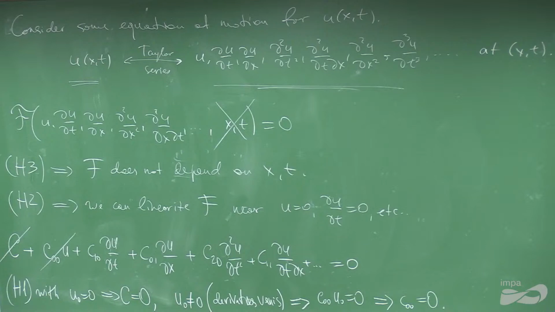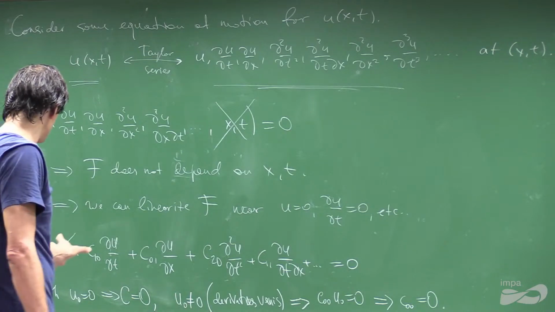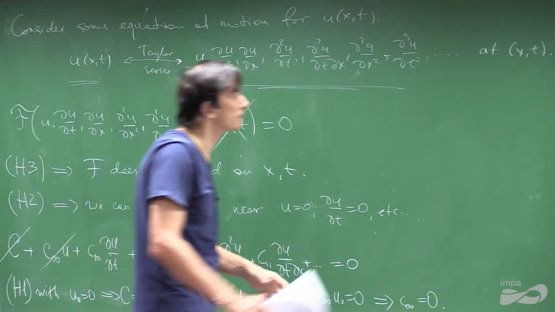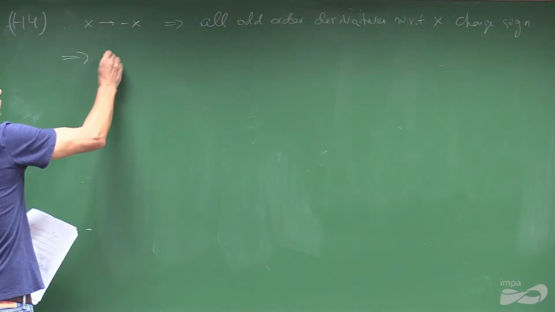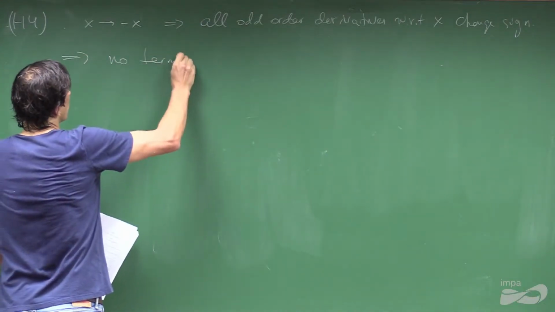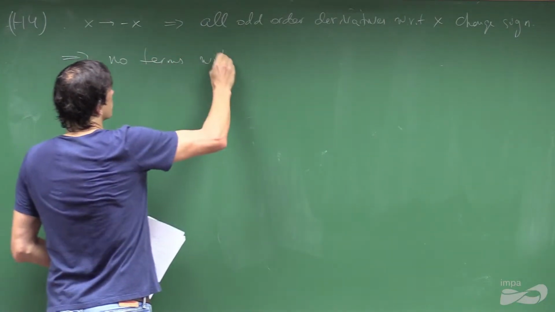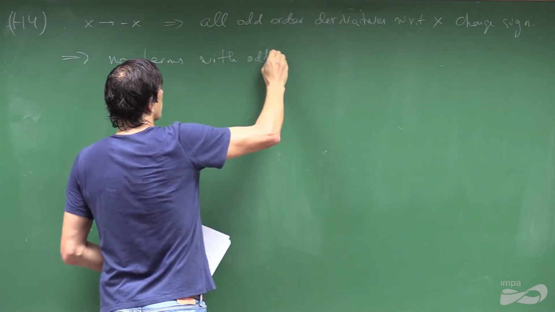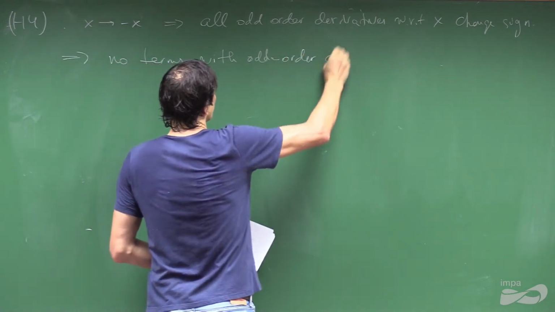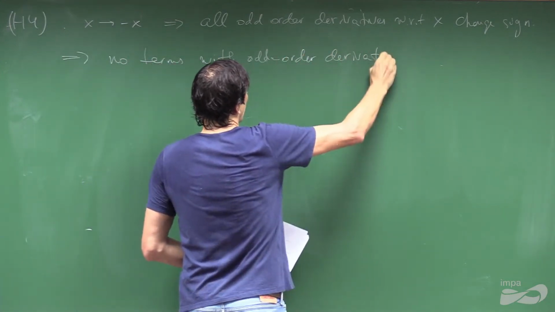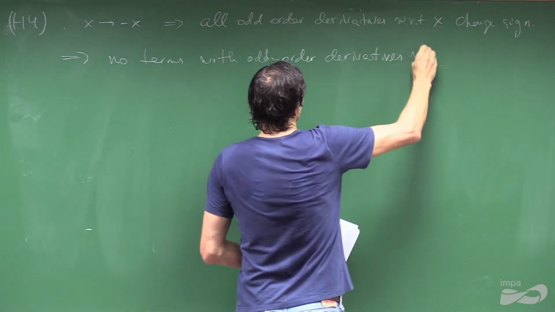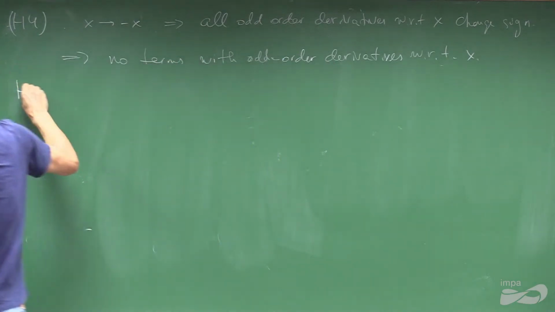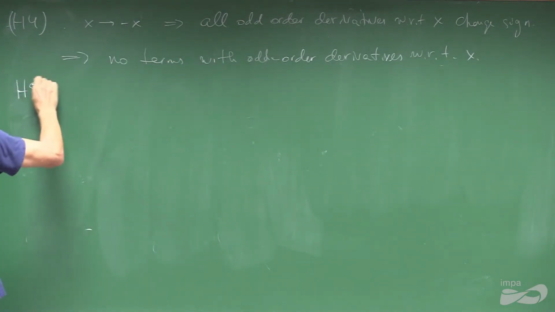So that means that if we want to have an equation of motion invariant with respect to change of x, this term should not appear. So no terms with odd order derivatives with respect to x. And now exactly the same argument works for time.